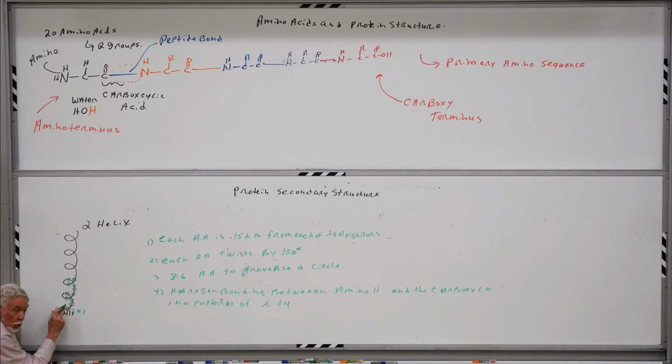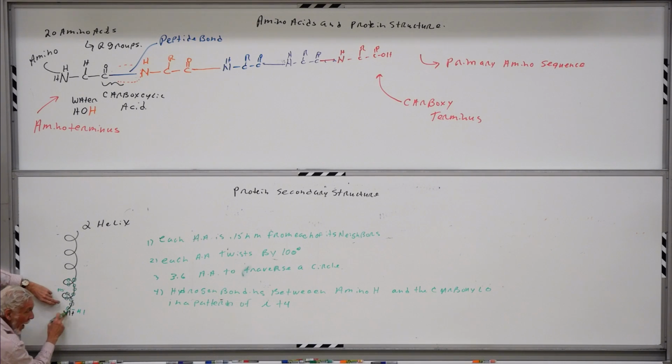I+4 says that there's going to be hydrogen bonding between the amine on this one and the carboxylic acid oxygen on I+4. 1, 2, 3, 4, 5. So this is number 5. So that means the amine here, with its positive charge, is going to be interacting with the negative charge on the carbonyl oxygen 5 amino acids up the line. 2 is now going to interact with 6. 3 is going to interact with 7.